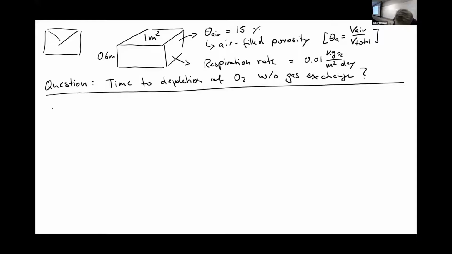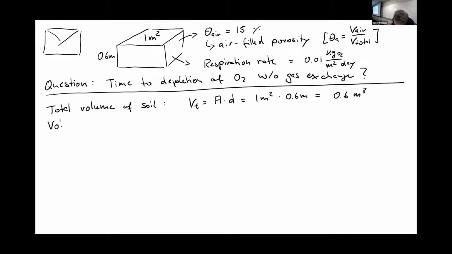So let's start out with the total volume of soil. That's easy. The total volume of soil, VT, is simply the area times the depth, or 1 meter squared times the 0.6 meters of depth. So we have 0.6 meters cubed. Fine. Now the volume of soil air is the total volume times the air-filled porosity.